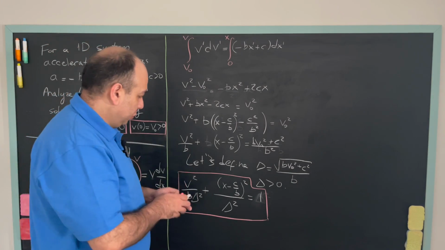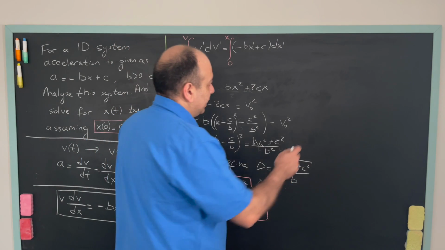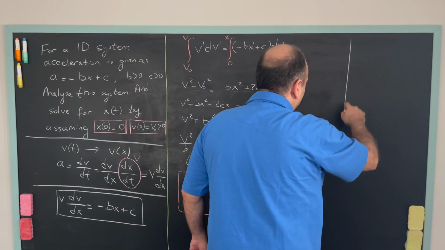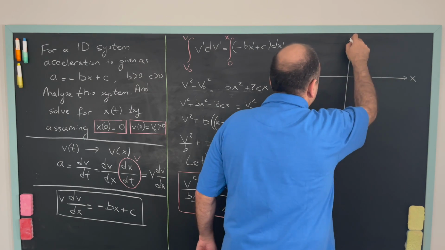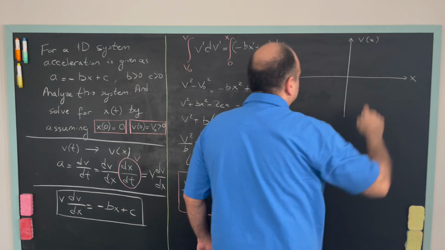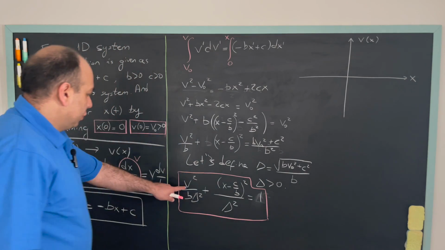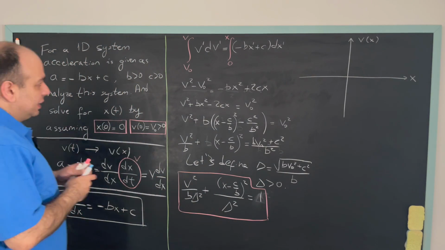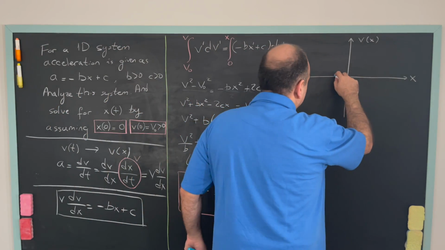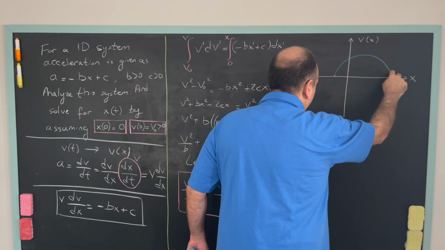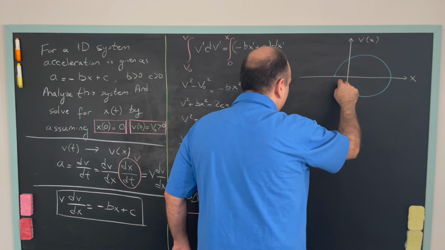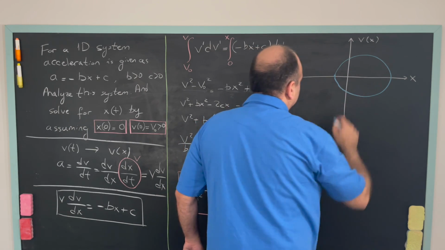So if I put v on the vertical axis, so this is my x, this is my v of x. Okay, so if I plot this, I'll get something like that. The equation of an ellipse, right?